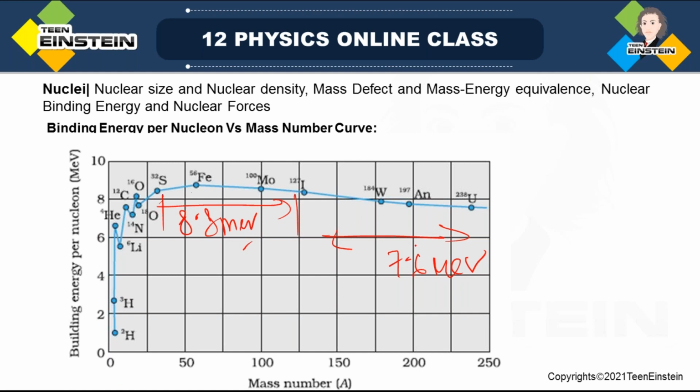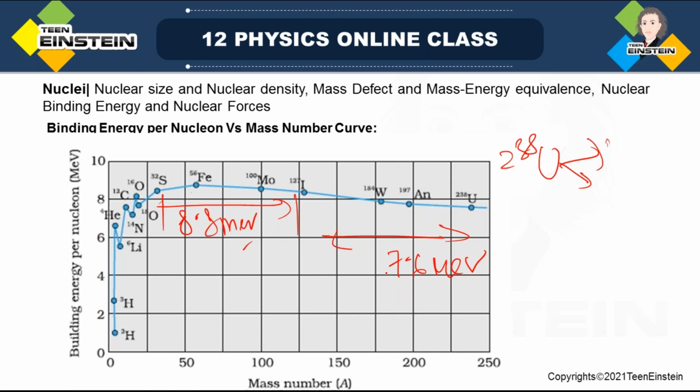So when we take a very large nucleus like uranium-238, it breaks into two daughter nuclei like krypton, barium, or whatever.